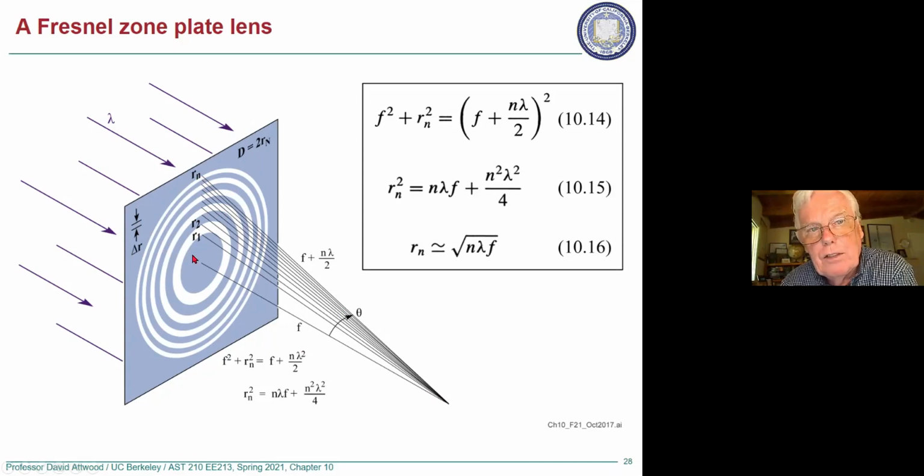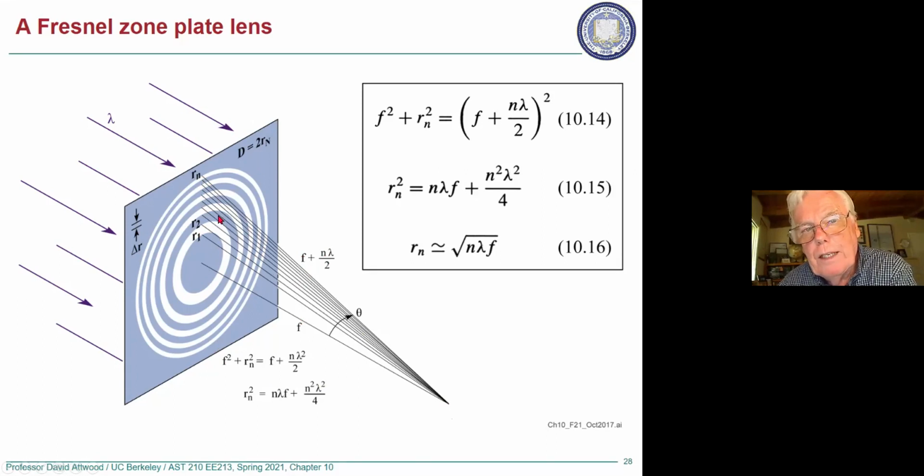But each of these is a right triangle, so we can apply the Pythagorean formula. Oh, and each of the zones is the focal length plus a half wavelength on the last one. So going from here to here, you've added a half wavelength, and then another half wavelength for this one, and another half wavelength for this one. So they're alternating between opaque and open, opaque and open.